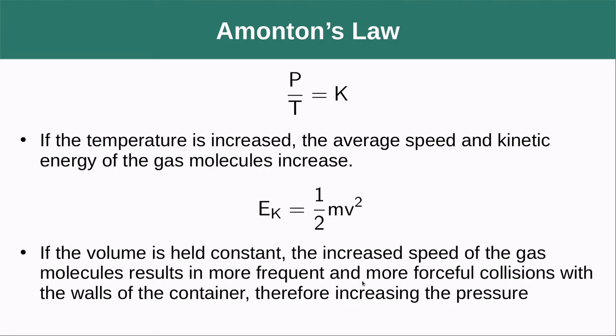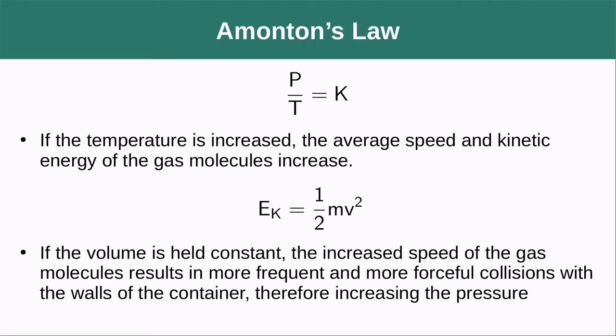So if we look at Amontons' law, we know that the pressure and the temperature are directly proportional. If the temperature is increased, the average speed and kinetic energy of the gas molecules would increase. And we know that kinetic energy is equal to 1/2 times the mass times the velocity squared.